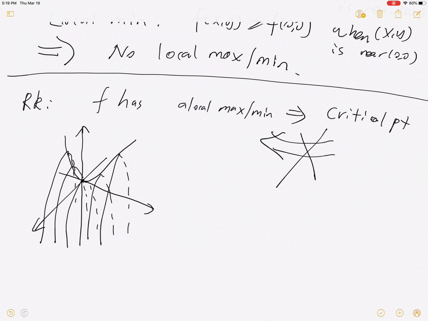So this point, if you look at it, it's a saddle point. This point is very important in mathematics.